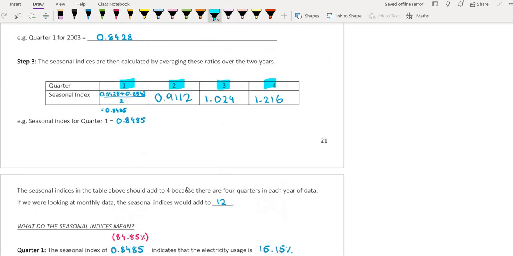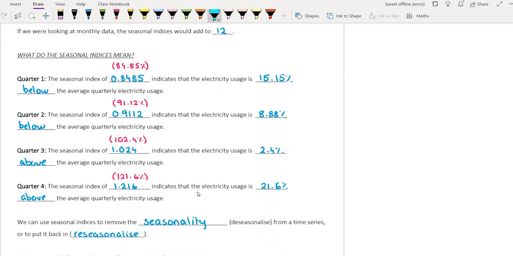So here, for quarter 1, our seasonal index was 0.8485. And if you turn it into a percentage, which is just timesing it by 100, you get 84% as your seasonal index. So this means it's a little bit below the average.